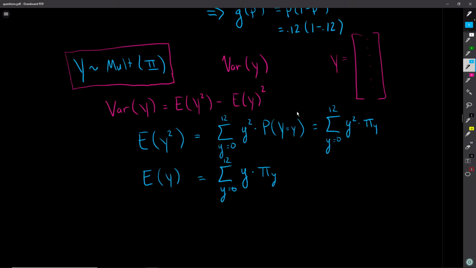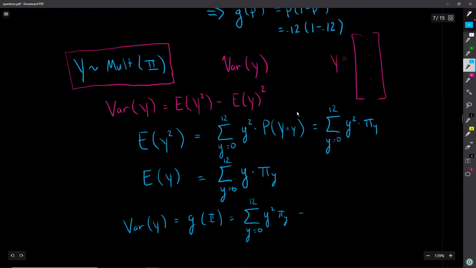And so what this means for us in terms of our variance is that we can write the variance of y as some function g of pi, which is going to be equal to the sum from y equals 0 to 12 of y squared pi y, minus the sum from y equals 0 to 12 of y times pi y, this whole quantity squared. Okay?